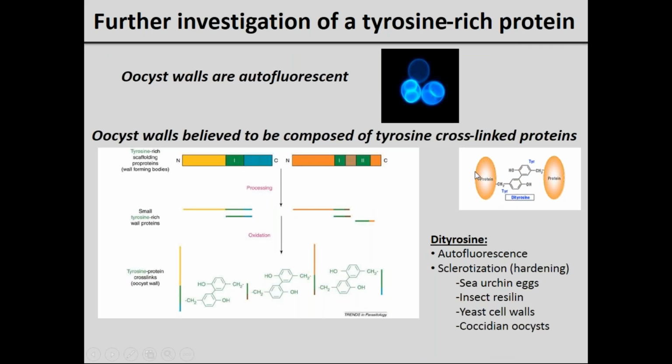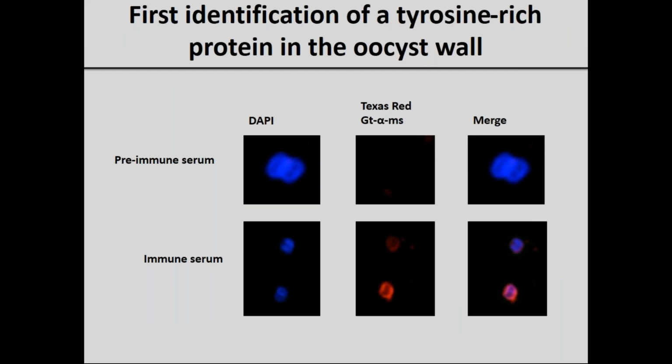So these dityrosine crosslinks, as I mentioned, are known to be present in other organisms, including sea urchin eggs, insect resin, yeast cell walls, and other coccidian oocysts. And they also are thought to be what's responsible for oocyst autofluorescence. My hypothesis was that these dityrosine crosslinks have a lot to do with oocyst environmental resistance.